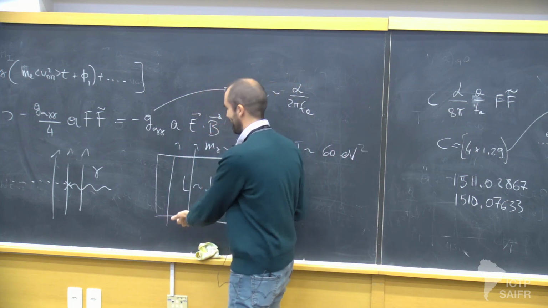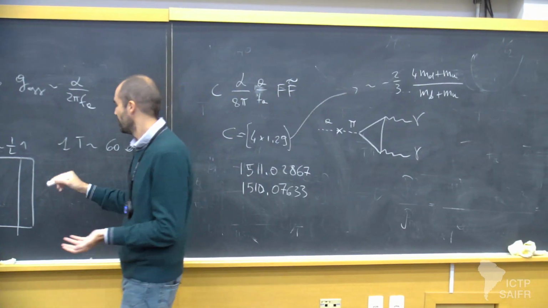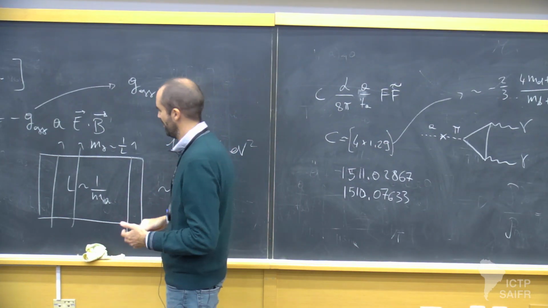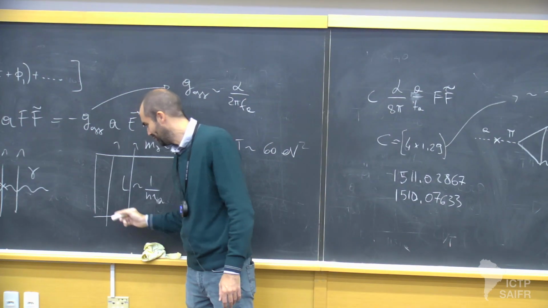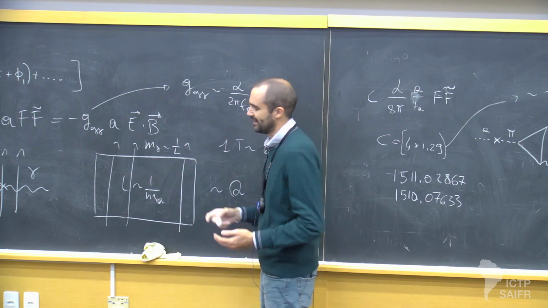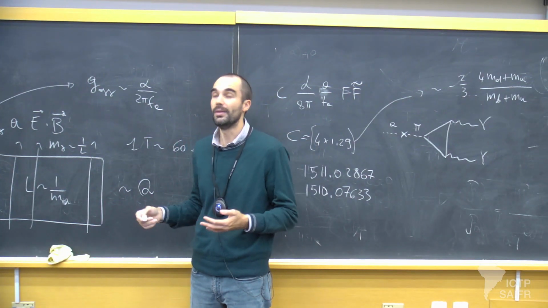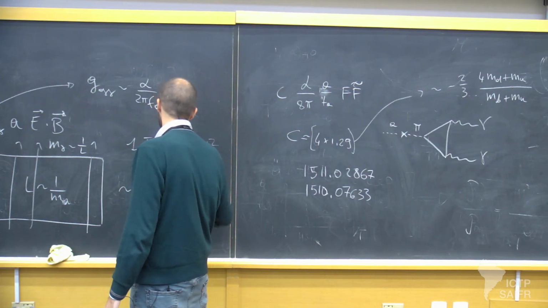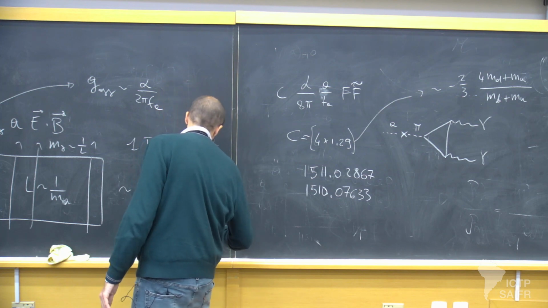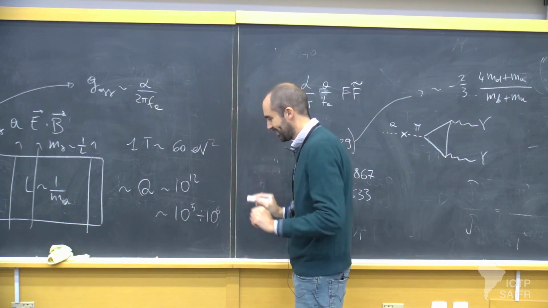And if this box is a good box, so it has very little dissipation in its walls, then you can build a signal that is Q times larger than you would have without this resonance, where Q is the quality factor of your resonator, which is essentially telling you how much energy you lose in the walls at each oscillation cycle. For superconducting cavities, this Q gets to 10^12. For normal conducting, to 10^5, 10^6. And this is the old business.